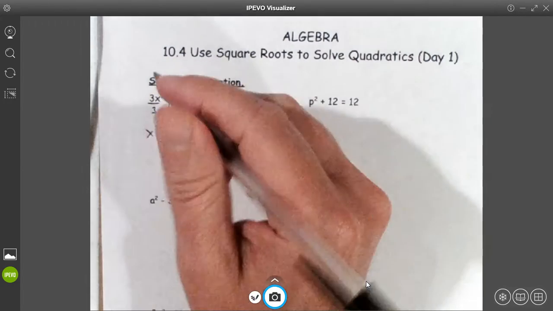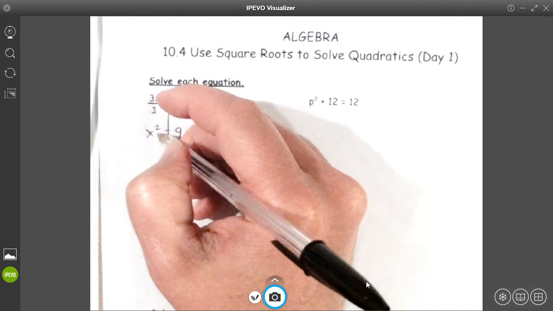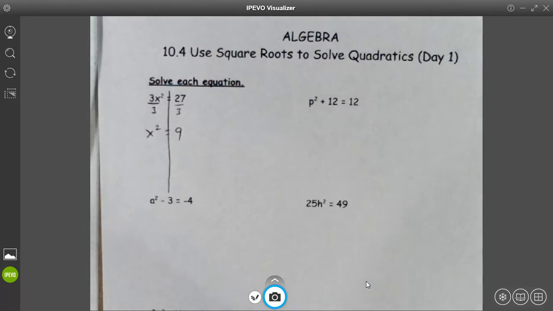And then when I'm looking at this now, to undo a square, I want to do the opposite operation for that. Just like with multiplication, the opposite of multiplication was division.